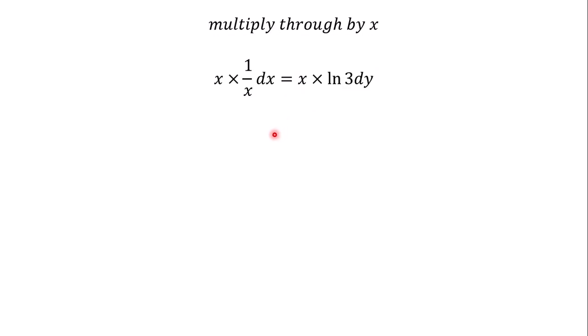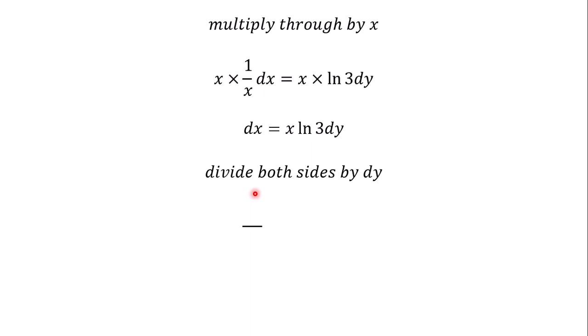Now here we are just going to divide both sides by dy. We divide this one by dy and also divide this one by dy. So dx over dy is equal to x ln3 dy over dy.